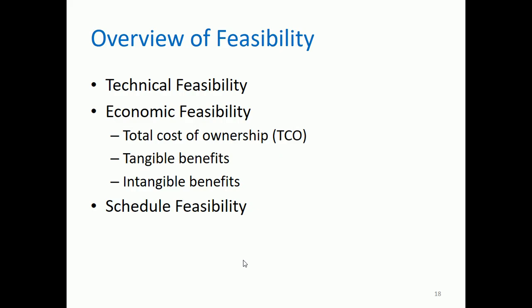For example, tangible benefits, more revenue, of course, more revenue, more income. And then for intangible benefits, for example, you have noticed that there is improved performance or improved service. And the customers are satisfied and then they have comments. So these are the examples of intangible benefits.